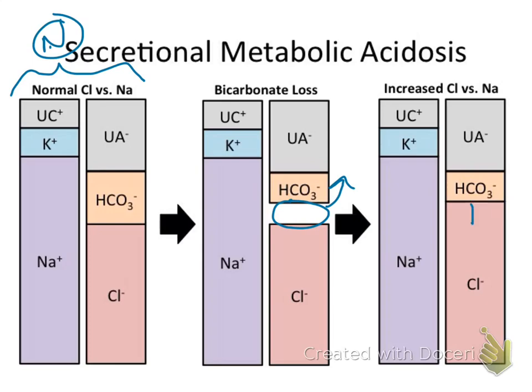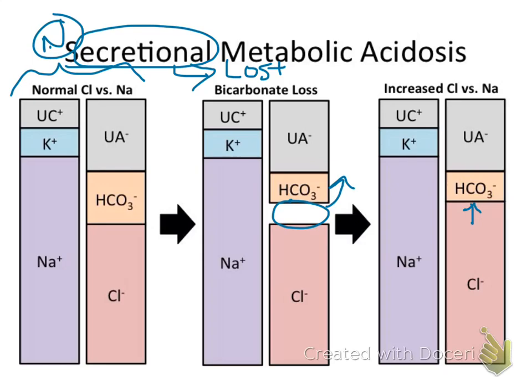Chloride then increases to make up for the lack of anions, and so the body can again maintain electroneutrality. This is called a secretional metabolic acidosis because bicarbonate is being secreted or lost from the body.